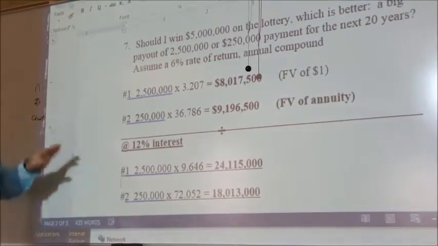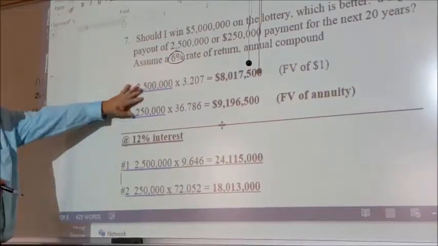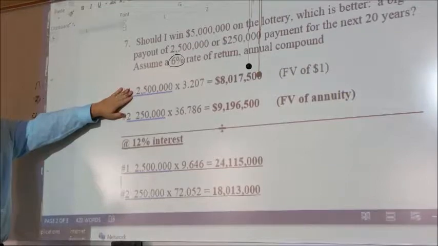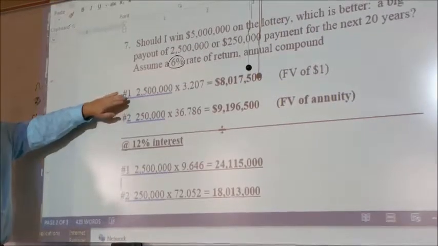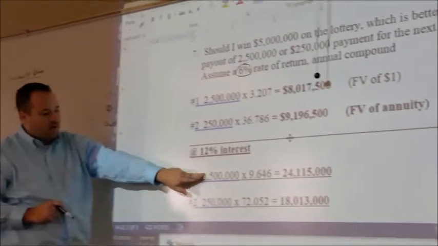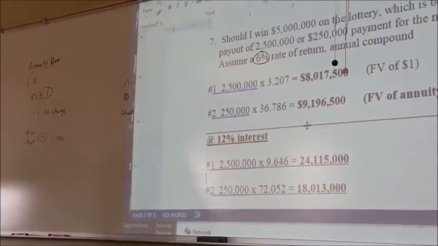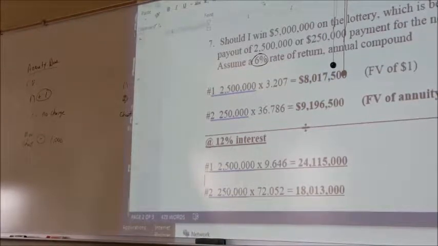It all depends on this interest rate. At 6%, what's your thinking then of why at 6% the payments is better and at 12% the lump sum's better? Anybody got a rationale? You think it's always like that?